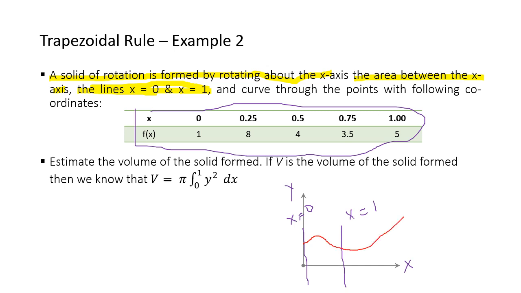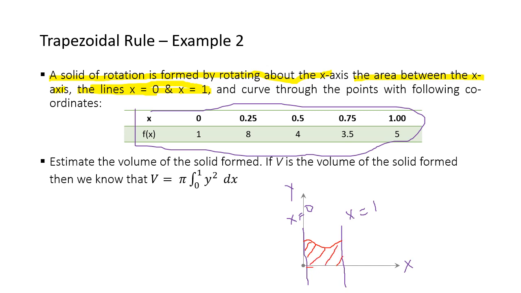Let us say that the curve goes like that. We are not interested in the portion of the curve outside x equal to 0 and x equal to 1. We are simply interested in the portion of the curve between x equal to 0 and x equal to 1, and we take this hatched area.